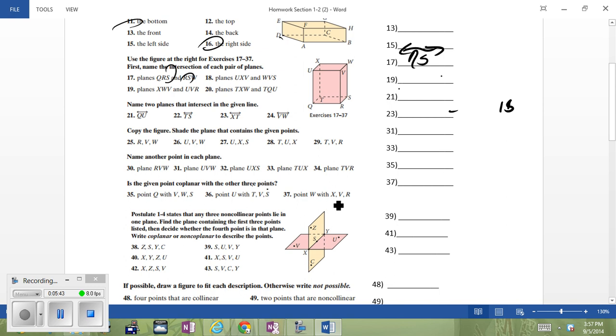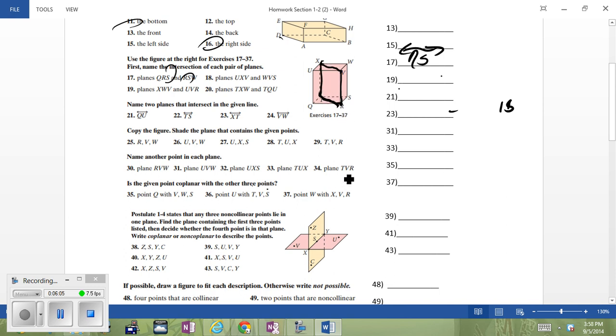So we look at number 37. Point W with XVR, okay? So you got to trace it out. XVR is a plane that's going to slice this thing diagonally like this, okay?